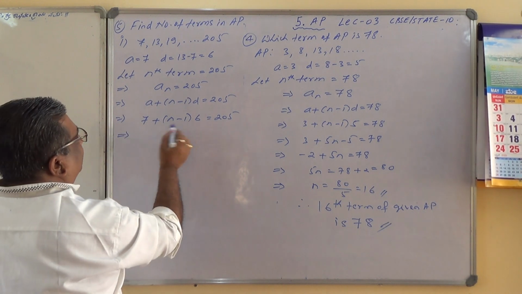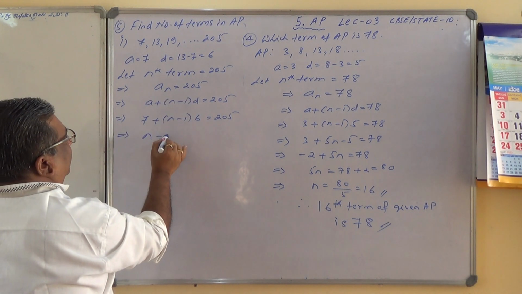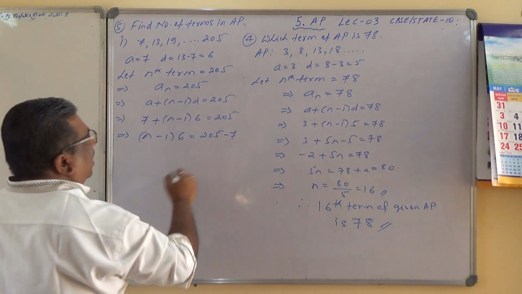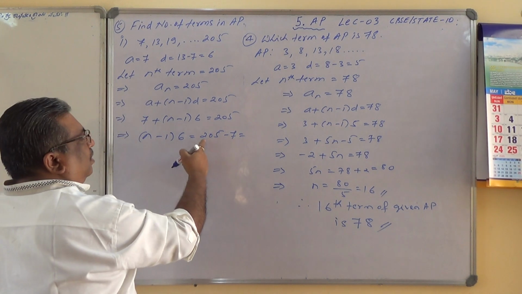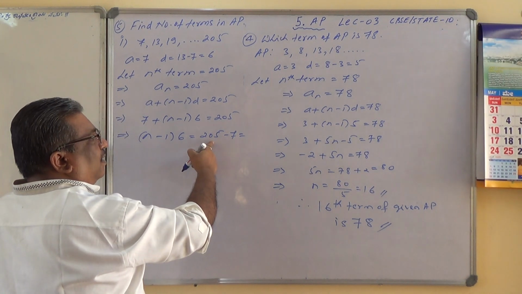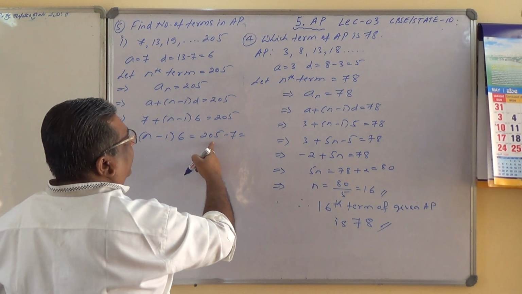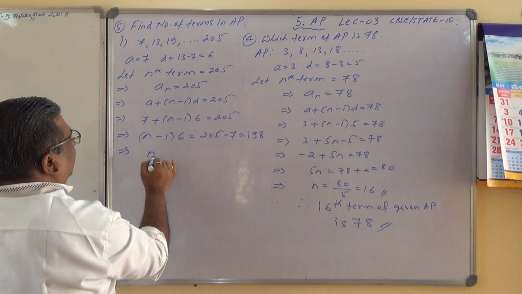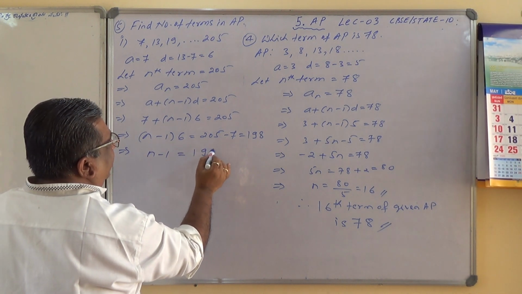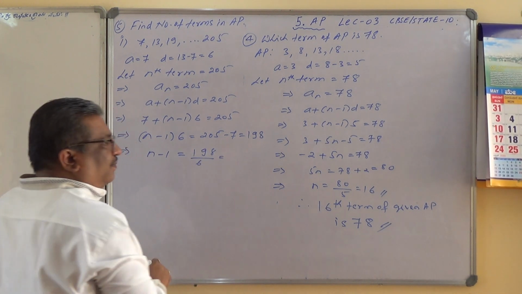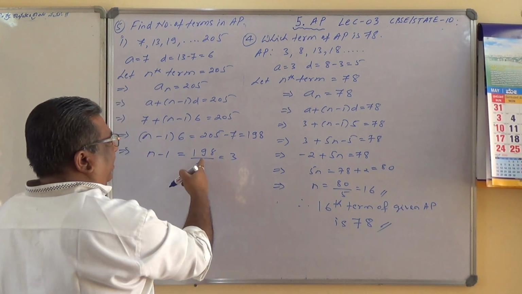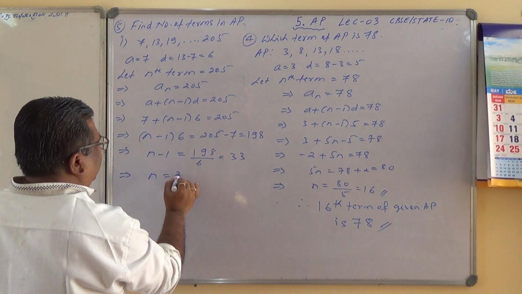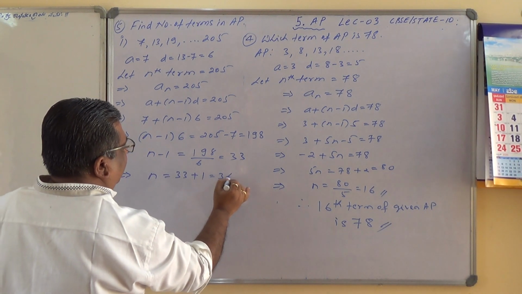Taking 7 to that side, n minus 1 into 6 equals 205 minus 7, which equals 198. So n minus 1 equals 198 divided by 6, which equals 33, since 6 3s are 18. Therefore n equals 33 plus 1, which equals 34.